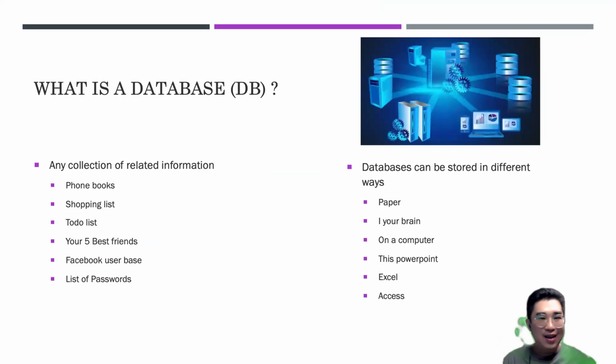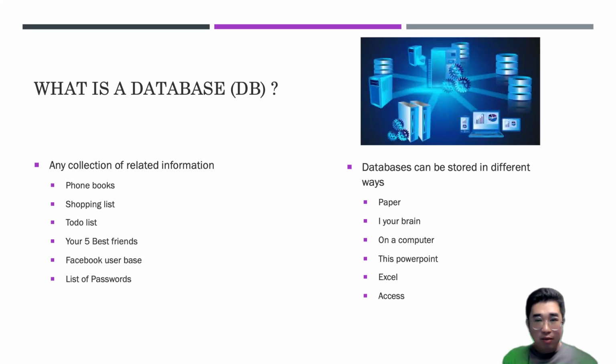It can be anything from phone books to shopping lists, your to-do list, your five best friends, your Facebook user base, even the list of passwords that you keep in case you forget which password to log in with for your Facebook, or which password you use for your to-do list. Those are basically a collection of related information.